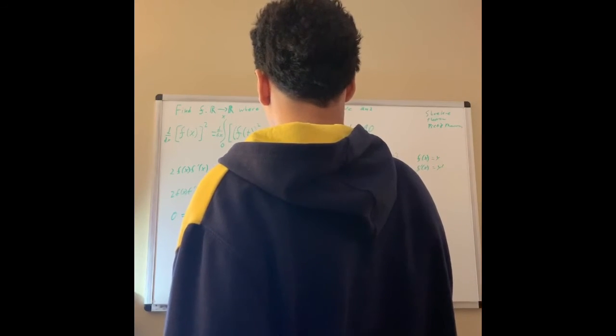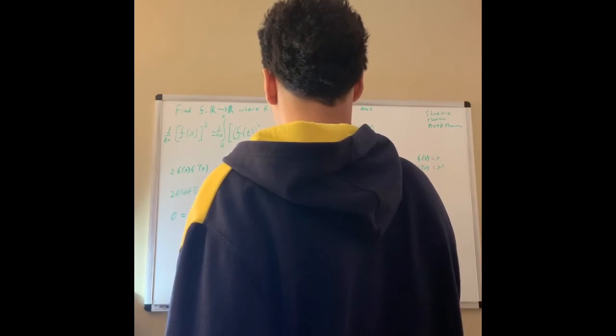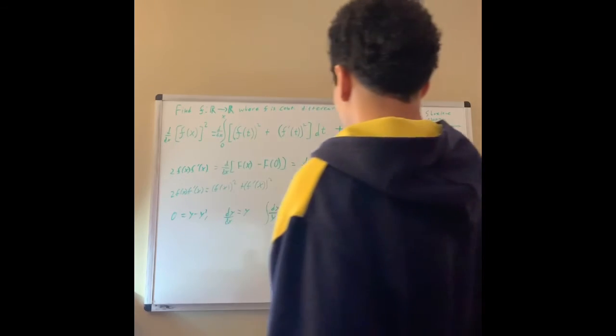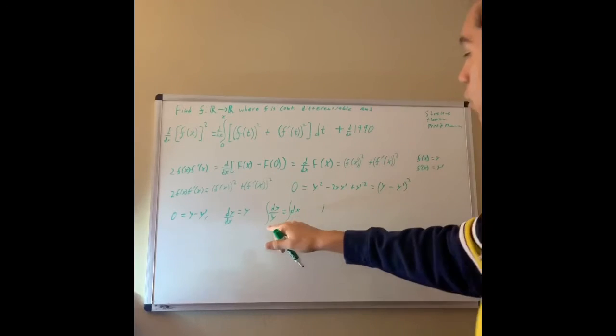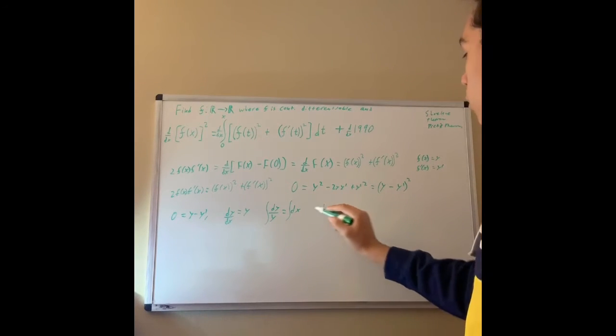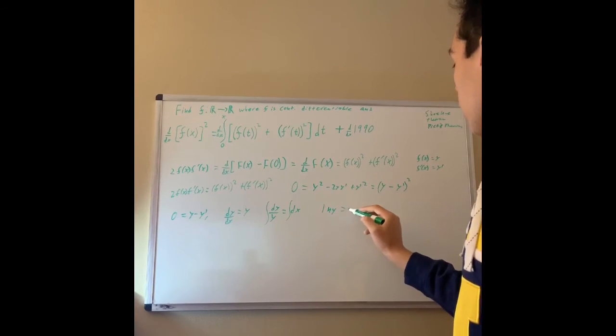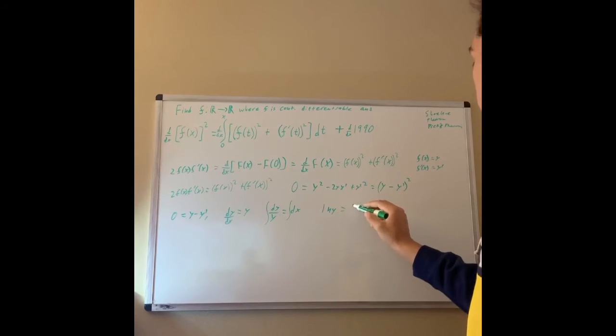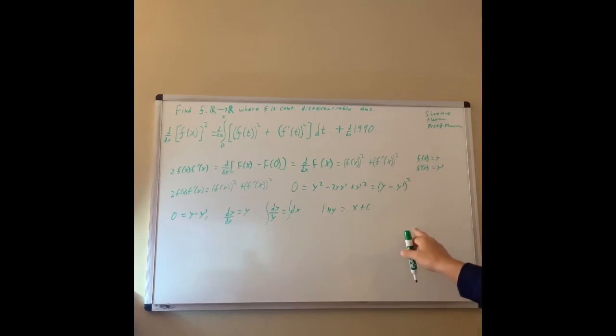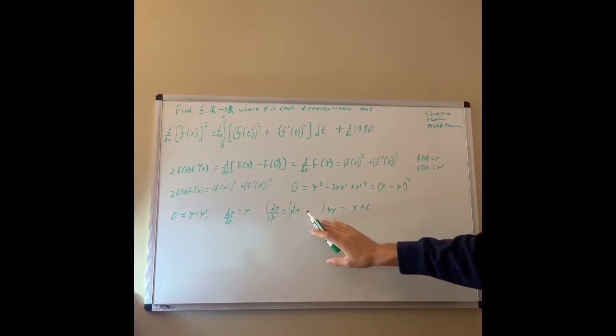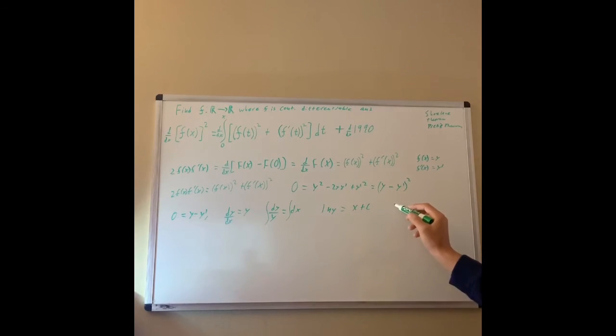So then we're gonna get dy/y = dx, and we're gonna integrate, and we're gonna get the integral of 1/y with respect to y is the natural log of y. This is a really easy integral. And then x + c, raising both sides to the e power to get rid of this natural log.